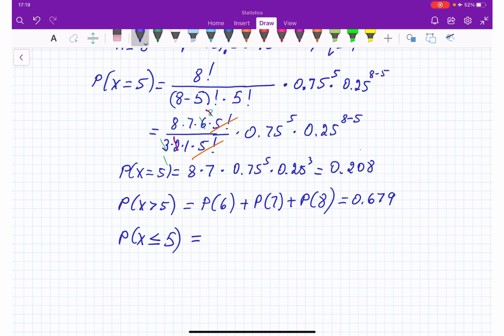All you do, take 1 minus probability of x greater than 5, and you will get equal and or less. So from here, 1 minus 0.679 is going to be equal 0.321.